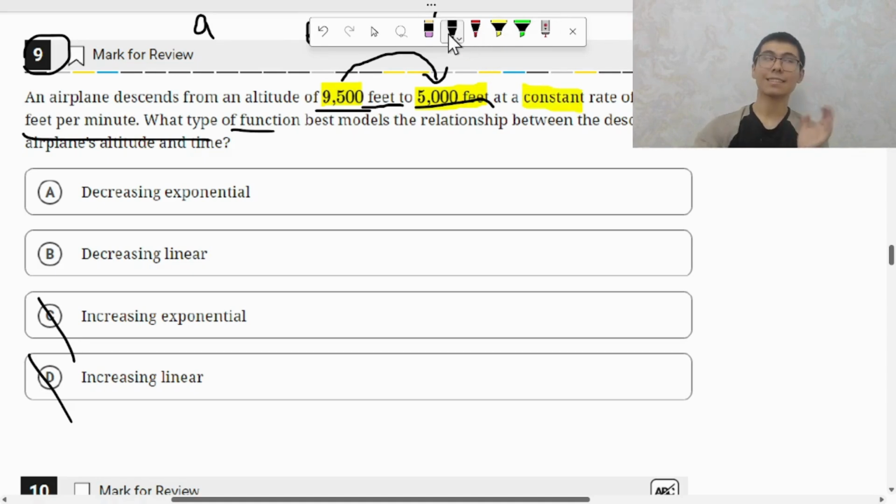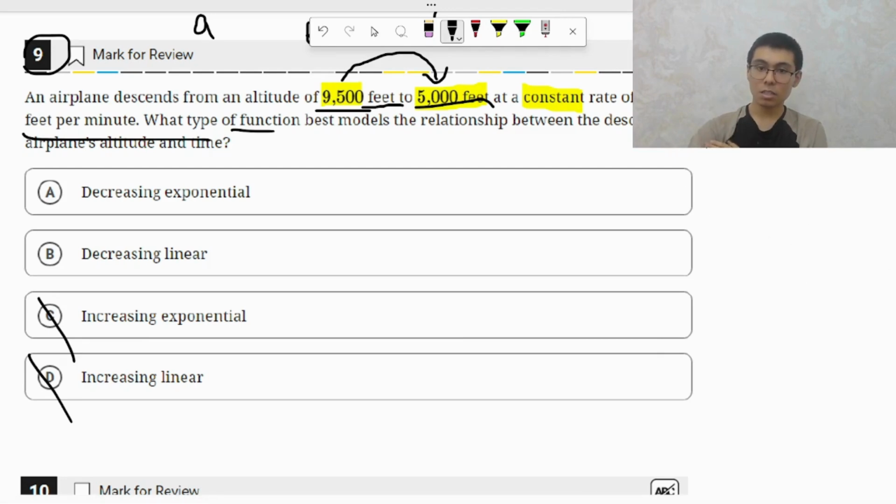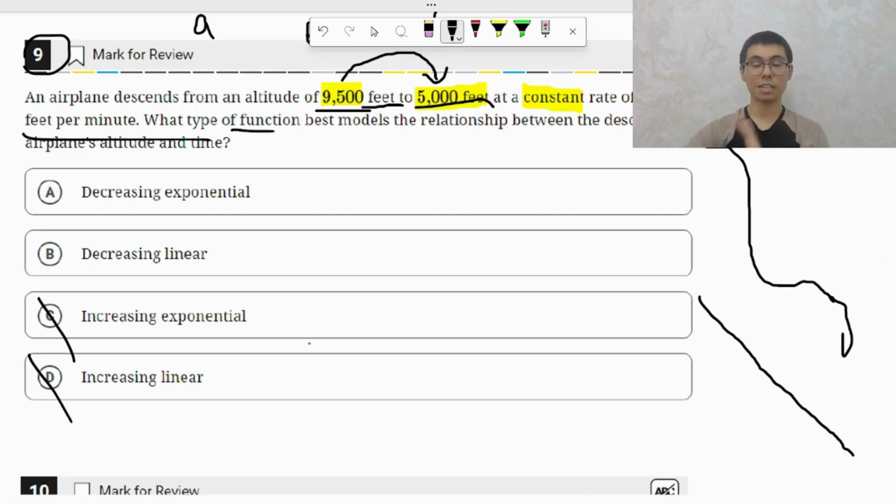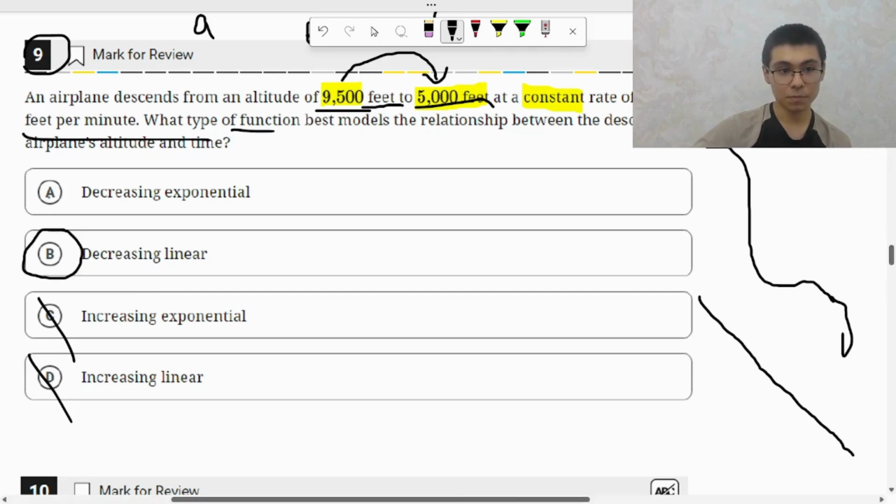Constant means at the same rate, right? It's not going to decrease like something like this; it's going to decrease something like this at the same rate. So there's going to be zero acceleration. If you know the physics, you're going to know what acceleration means. So the answer is B, is incorrect.